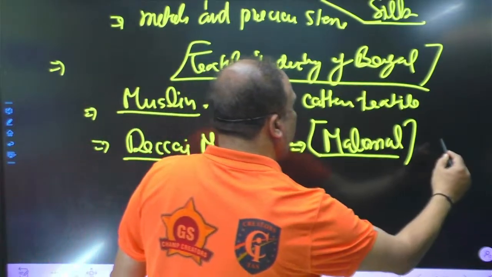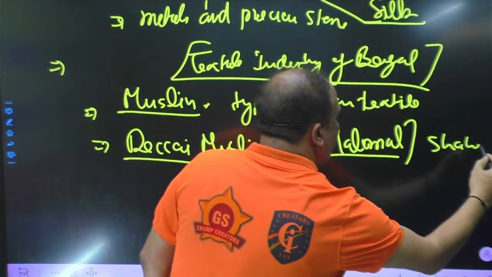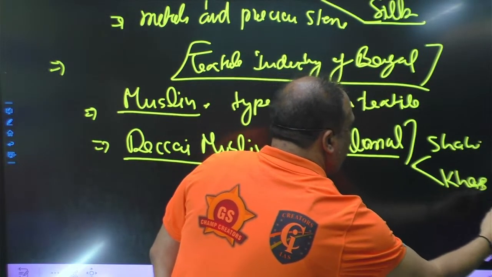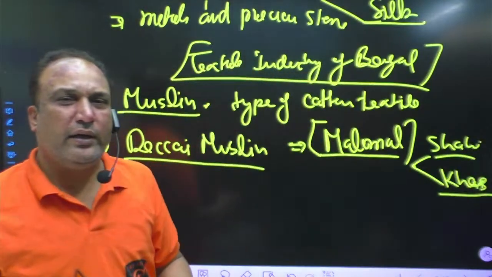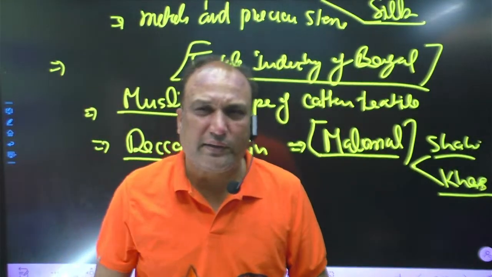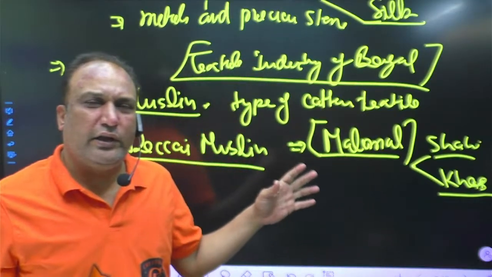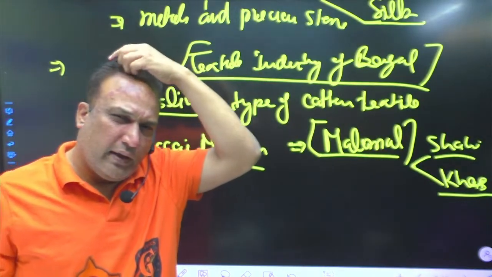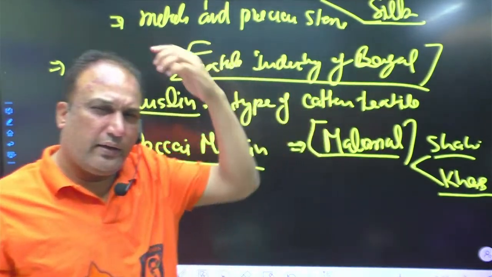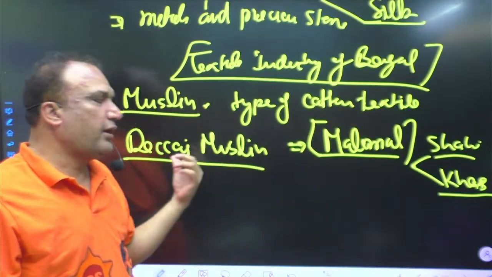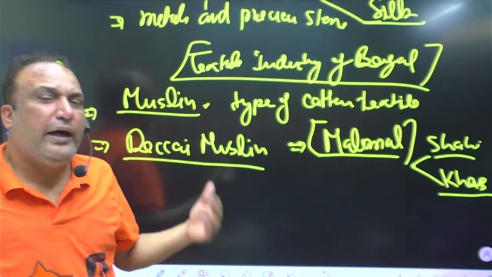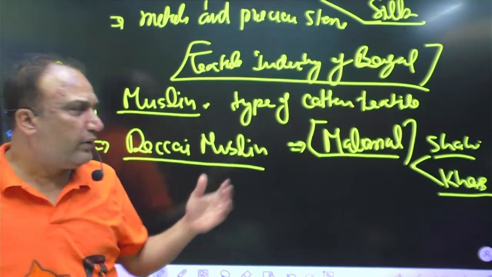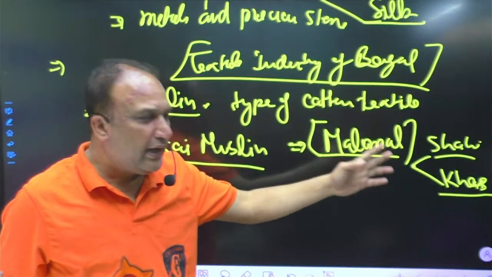So Malmal Shahi and Malmal Khas, these two varieties are named by foreign travelers, right? So this was the place where Malmal and other cotton was found. So this is the thing, how muslin became malmal, and high quality malmal became Shahi Malmal and Khas Muslin.